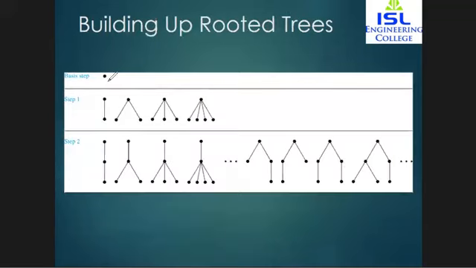So the basis step is a single tree. In step 1, I'm joining two roots, over here 3 and 4, and this continues. In step 2, I recursively add a vertex.